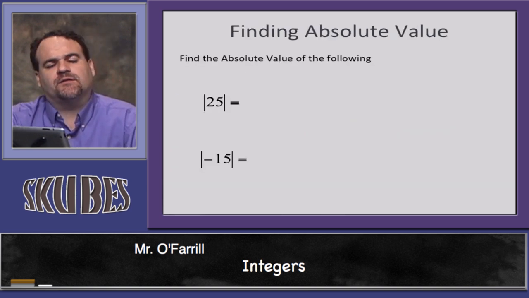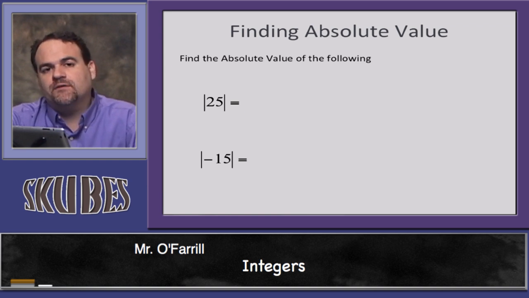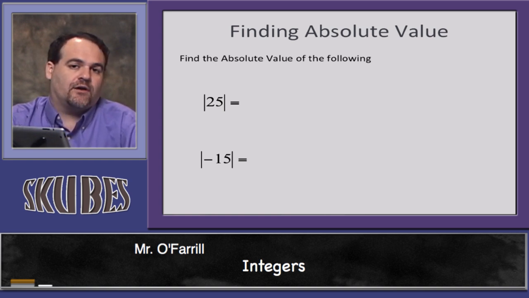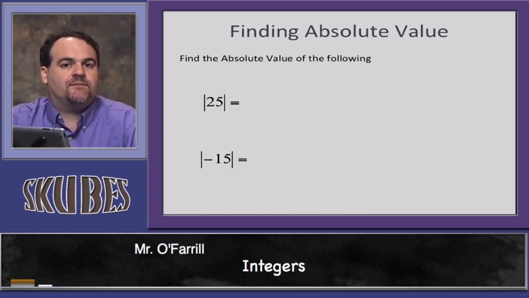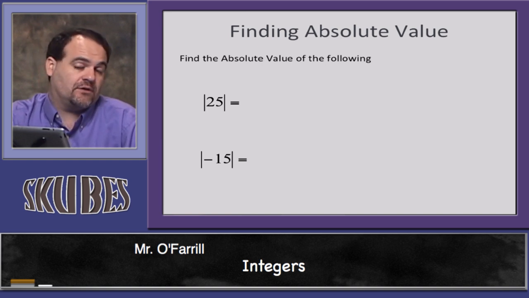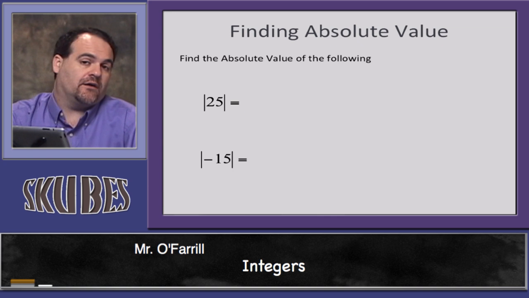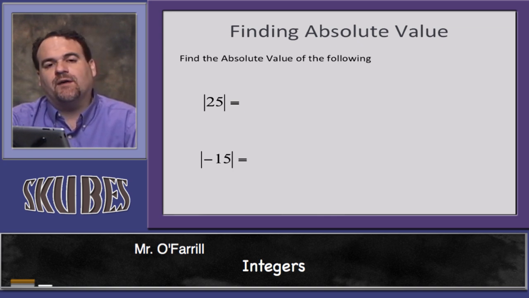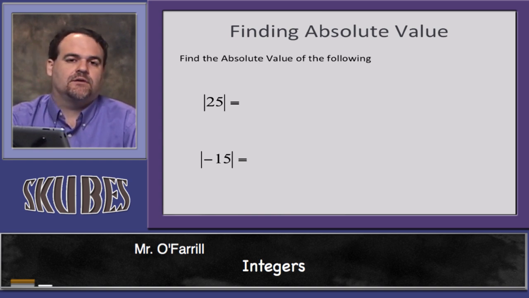So let's get back to this absolute value idea. Remember, absolute value, the definition, is the distance that a number is from 0. Sometimes the word used to describe absolute value is magnitude. You're looking for the magnitude of a number. How far is it from 0? And the big idea that we talked about was that it is always positive.